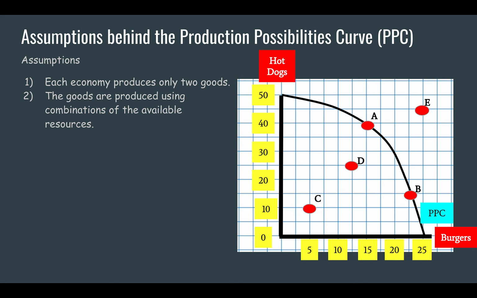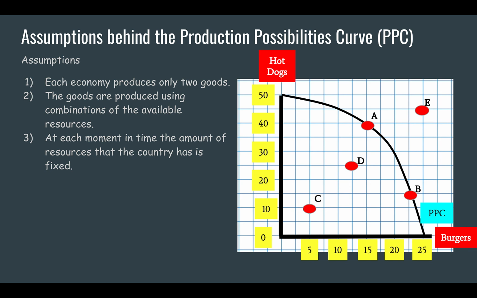The goods are produced using combinations of the available resources, whatever factors of production are available: land, labour, capital, and enterprise, with a fixed amount of technology, that's what we're saying. At each moment in time, the amount of resources that the country has is fixed, and the state of technology is fixed. Each economy is producing two goods, okay?